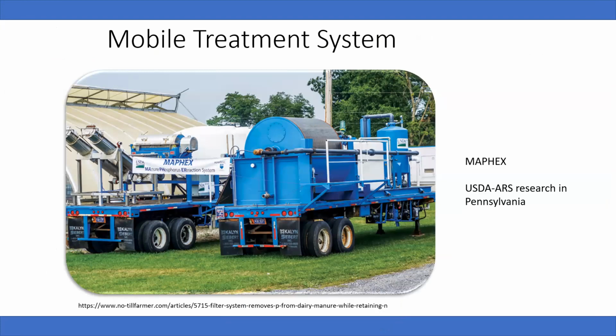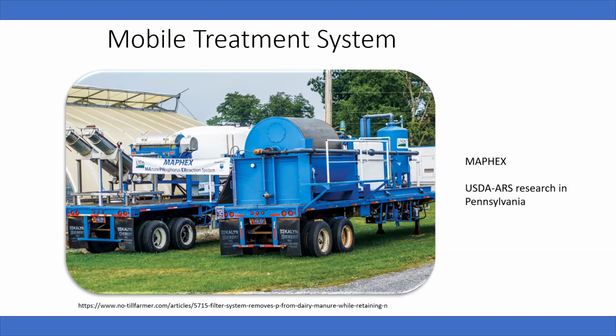This is a mobile treatment unit in Pennsylvania that USDA is continuing to develop. It's using a similar concept, where they're doing a solid separation followed by a treatment to harvest as much phosphorus out of the manure as they can.